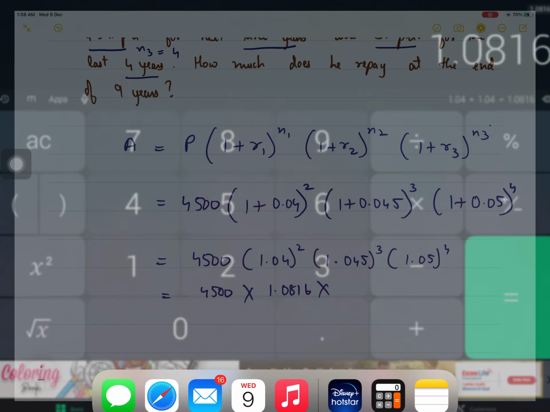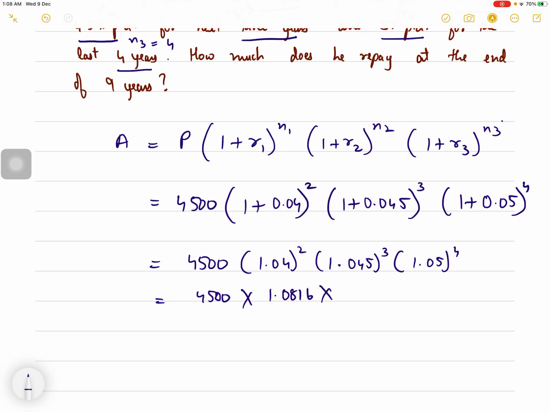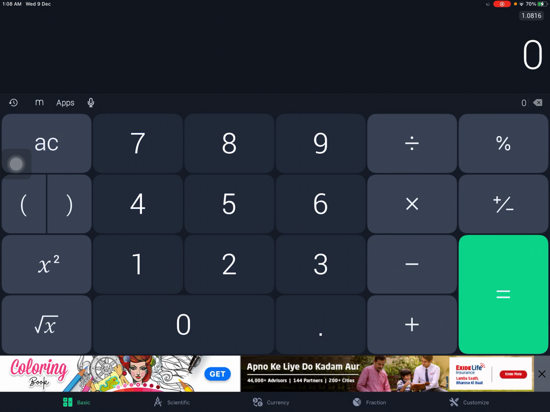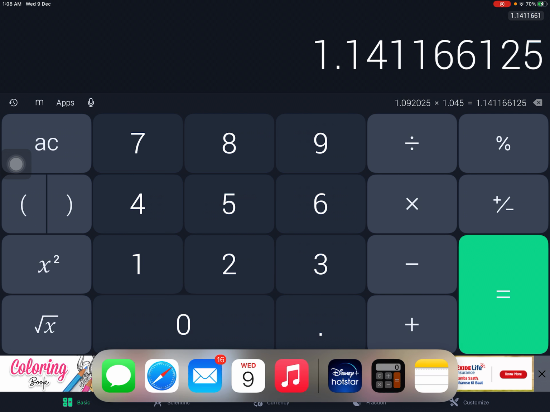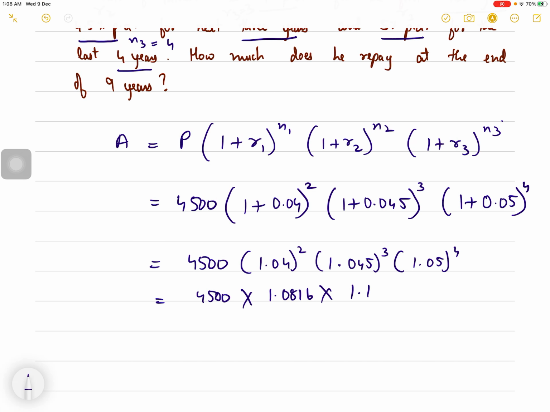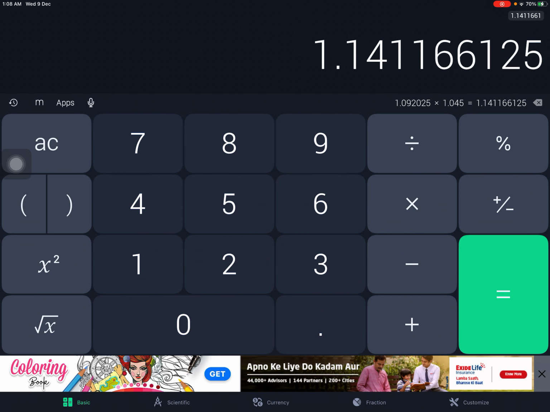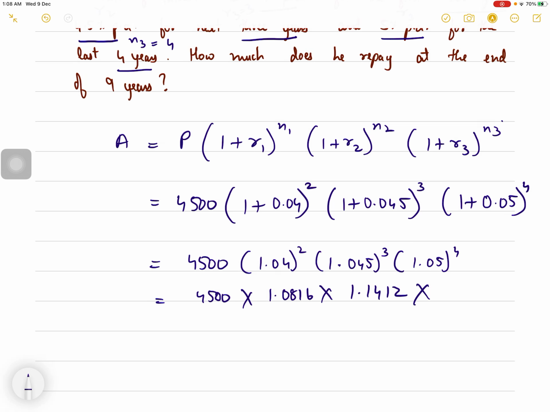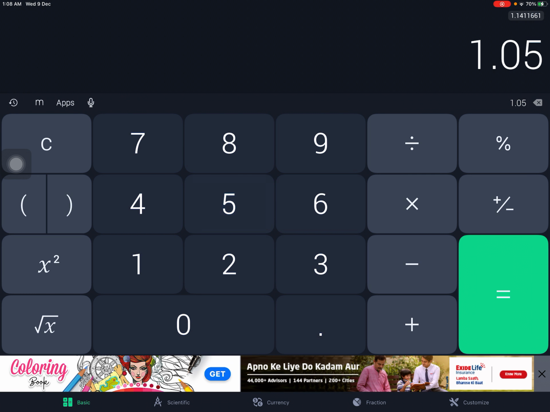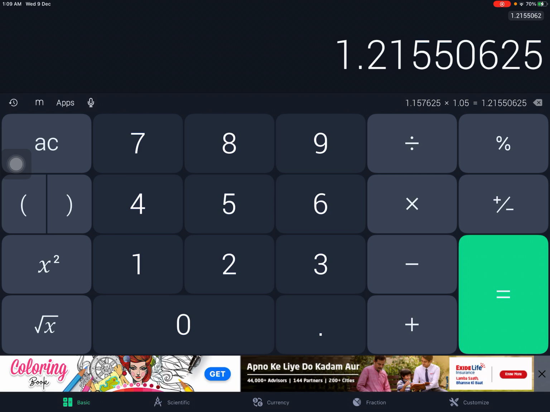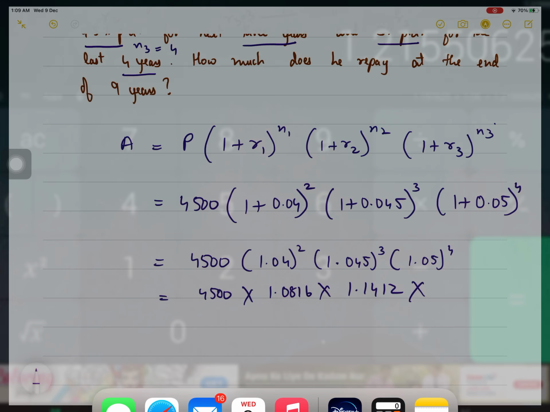Then 1.045 raised to 3 is 1.1412. Next, 1.05 raised to 4 comes to 1.2155.